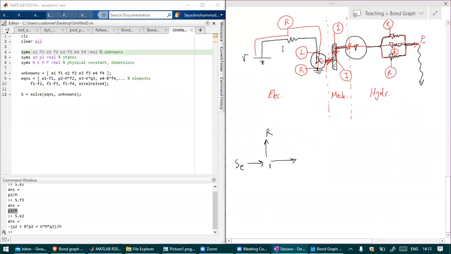So what remains constant across this resistor? Flow. The flow remains constant. So I have to have a one junction there. Then we end up with part of it flowing through an inductance, part of it flowing through a resistor, and part of it going to the next system.